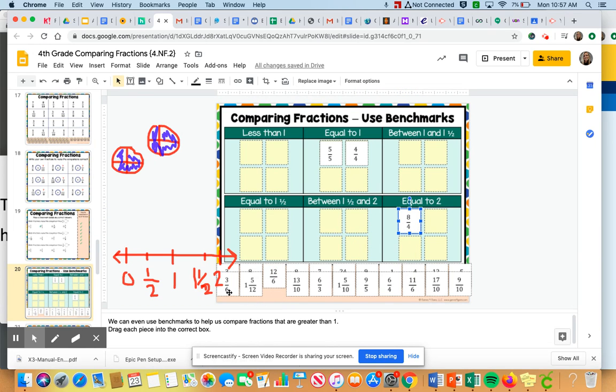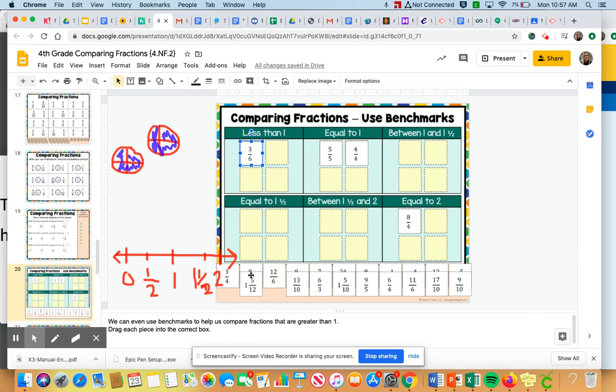Let's try 3/6. Well, I know the numerator is smaller than the denominator, so it's got to be less than 1 whole. Is 3 half of 6? It is. So it's actually 1/2. So let's see. I guess it's going to be less than 1.